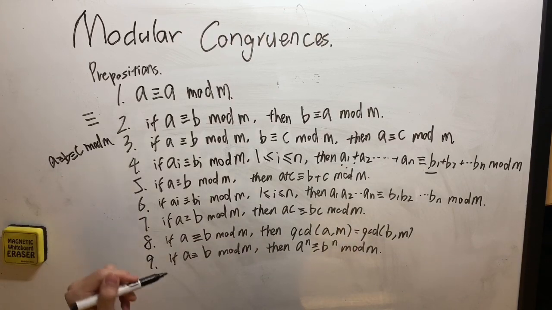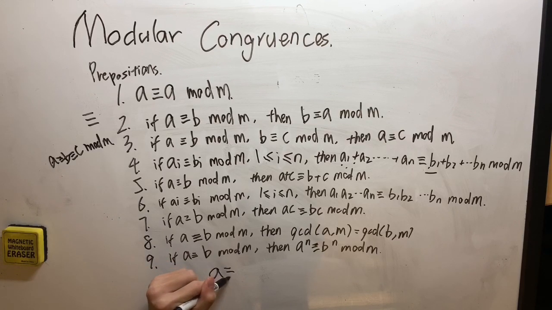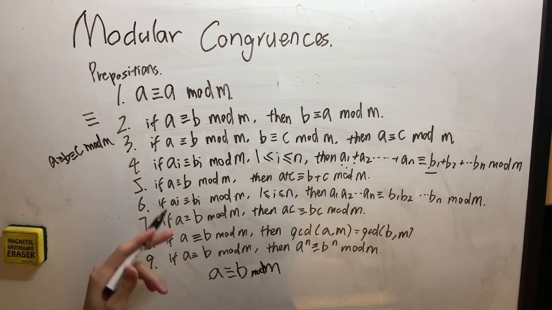Thus, we see some common properties between A and B and M. And now let's see some problems using these propositions.